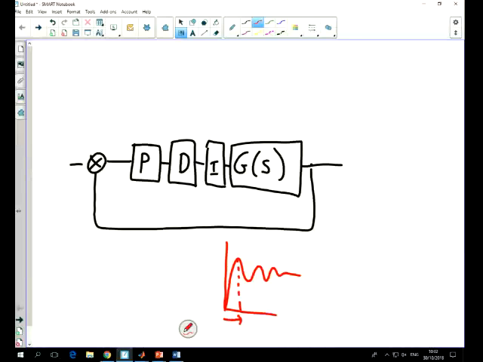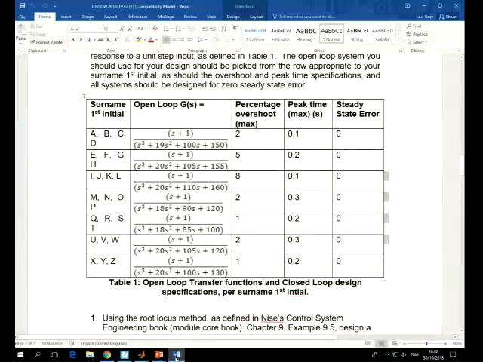So this time here, from 0 to there, that's your peak time. So we're looking for essentially a rise time, but peak time is easier to measure. So a fast response and 0 steady state error, I think was the last bit, which means you need an integral controller.